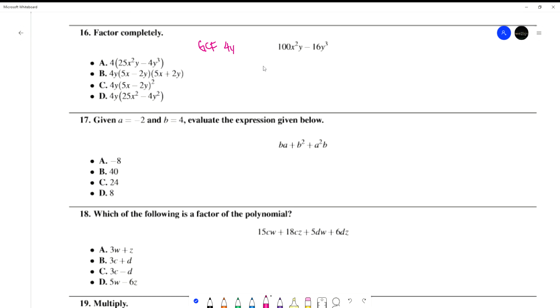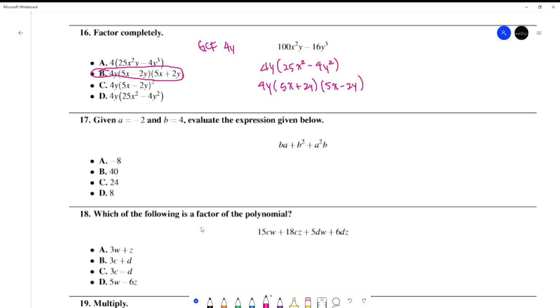All right, so now we factor the 4y out. We have 25x squared minus 4y squared. And please don't forget, this is a difference of squares. Something squared minus something else squared, right? So that can factor into 5x plus 2y and 5x minus 2y, which gives us answer choice B.